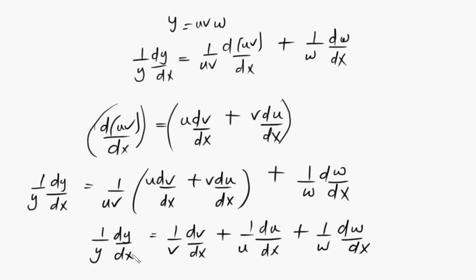But I am looking for dy dx. This is 1 over y dy dx. So it means I'll have to multiply by y here and of course by y here. But what is y? y is uvw. So this side becomes y times 1 over y dy dx.